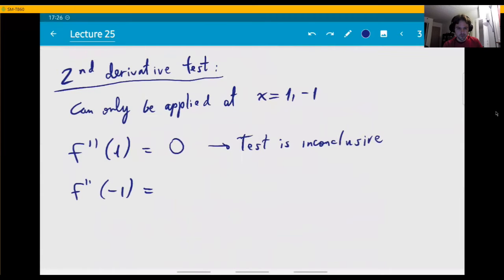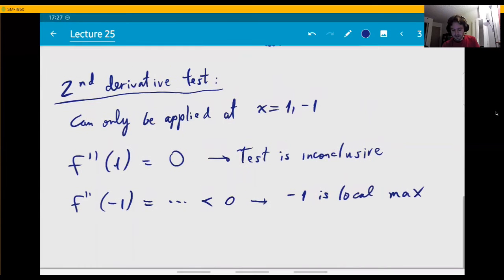But at the number -1, that one you can compute. Just plug it into the function. You don't actually need the value. You just need to understand what it's going to be in terms of positive or negative. Do it yourself. You're going to see a negative number showing up. When you find a negative, that means the point is a local max. Negative for max, positive for min.